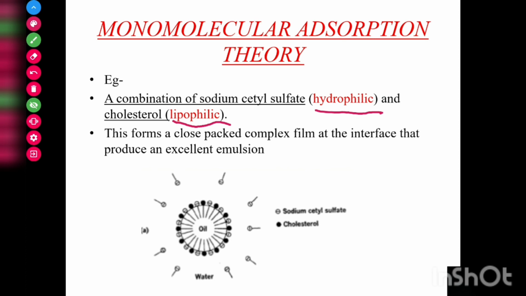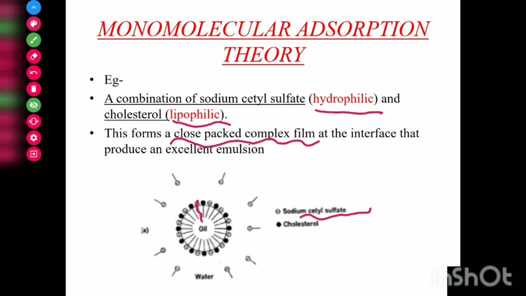Sodium cetyl sulfate is hydrophilic and cholesterol is lipophilic. These surface active agents form a closely packed complex film at the interface so that it produces an excellent emulsion. This sodium cetyl sulfate is oriented like this.